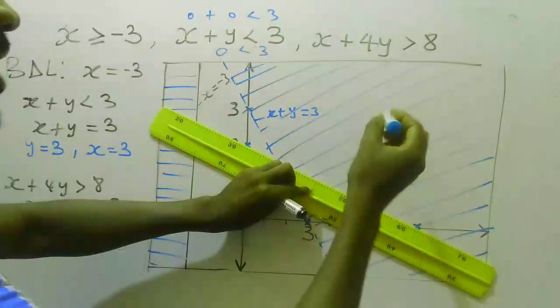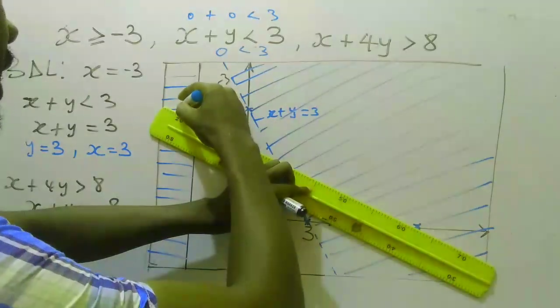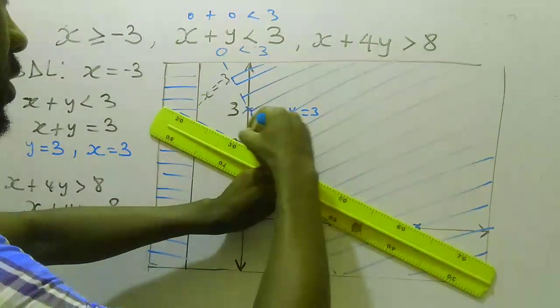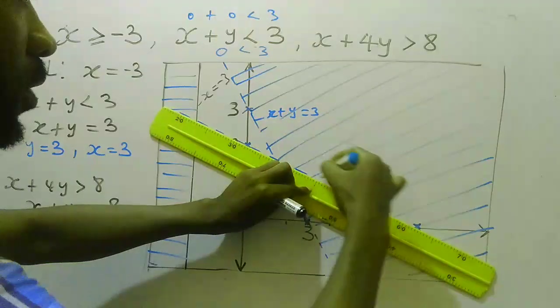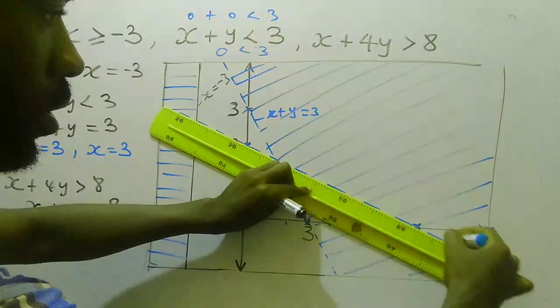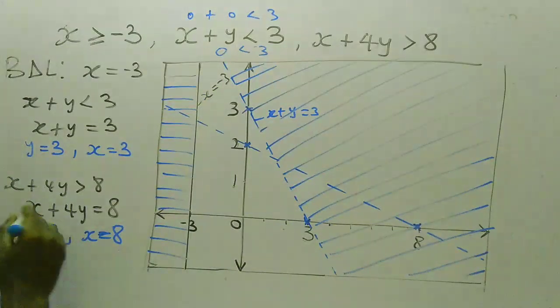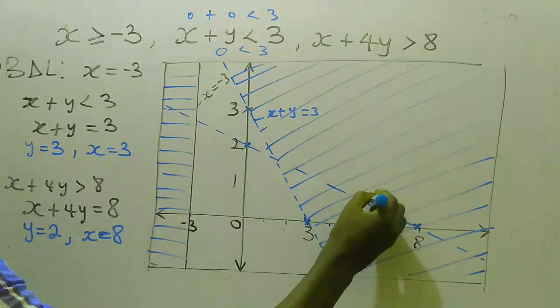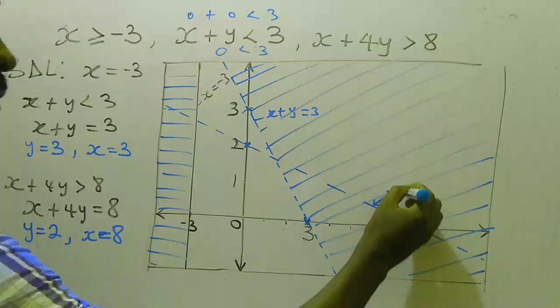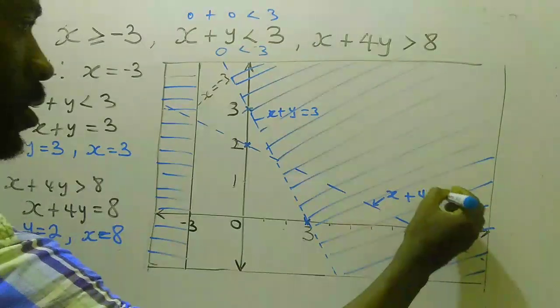This is greater than, so we are also going to have a broken line passing through those points. As usual, this is our boundary line. Our boundary line for this is x plus 4y equal to 8.